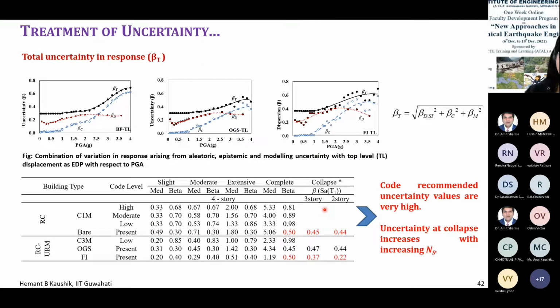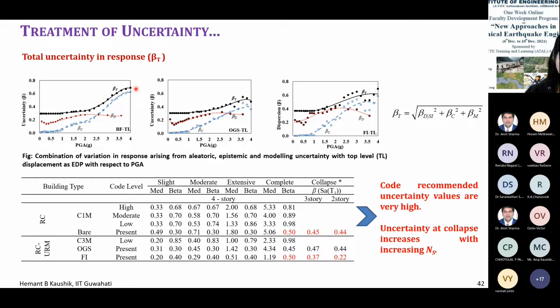Then finally, we club these together and obtain the total uncertainty. Here is the uncertainty in capacity, epistemic, and this is the aleatoric uncertainty, and this is the total uncertainty coming from the square root of the sum of squares of beta C, beta D, and beta M, which was 0.2.